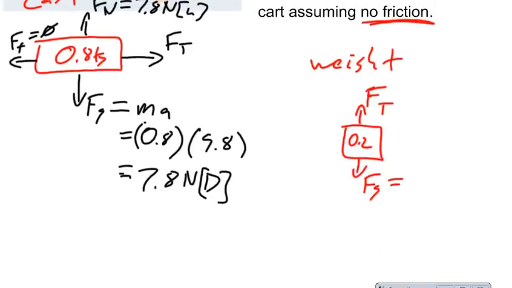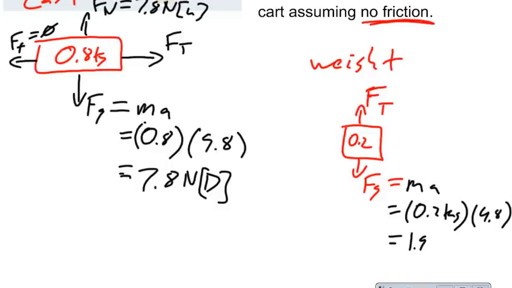Force of gravity is equal to mass times acceleration. Our mass in this case is 0.2 kilograms, and our acceleration is 9.8 meters per second squared. This gives us 1.96 newtons of force down. So this is the information we have right now.